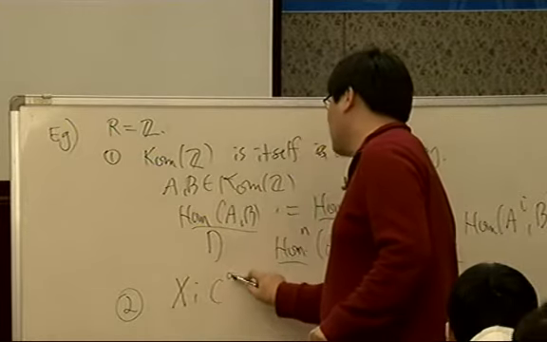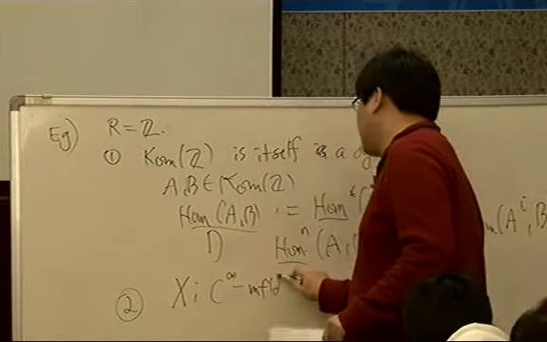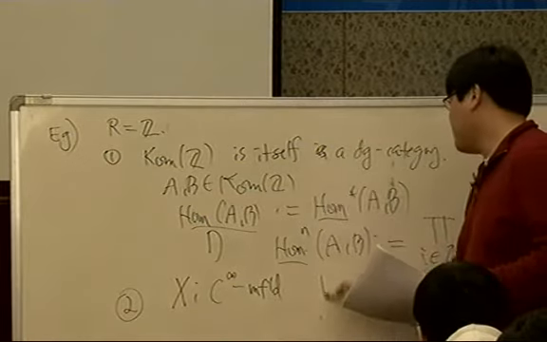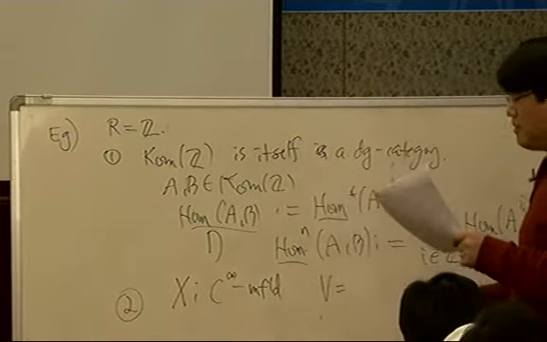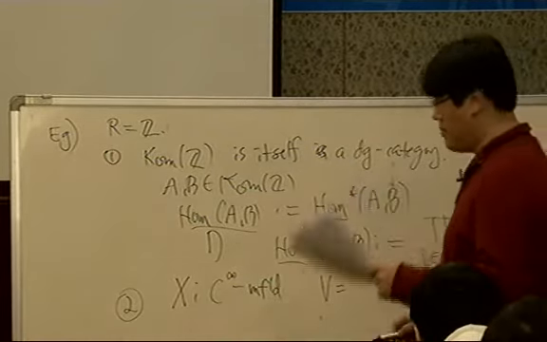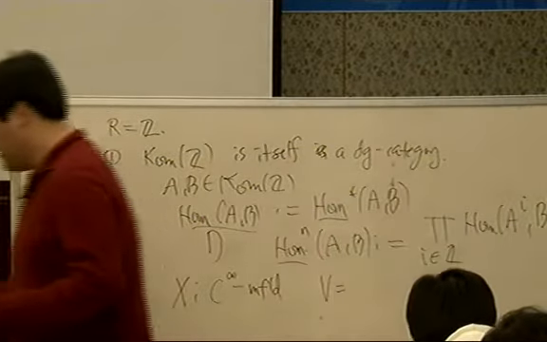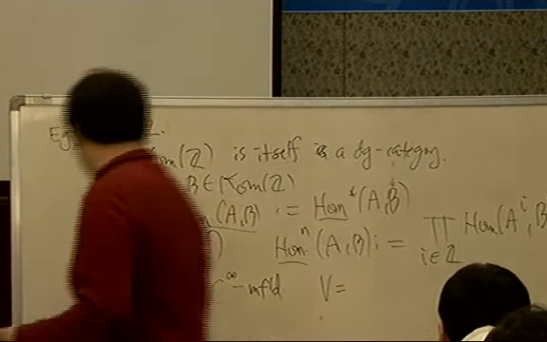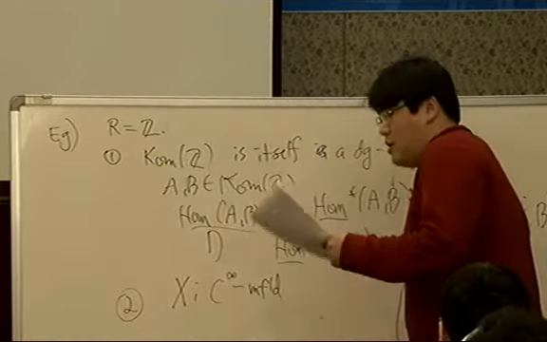Suppose X is a C infinity manifold. Before I say more, suppose I want to define some category which is DG.